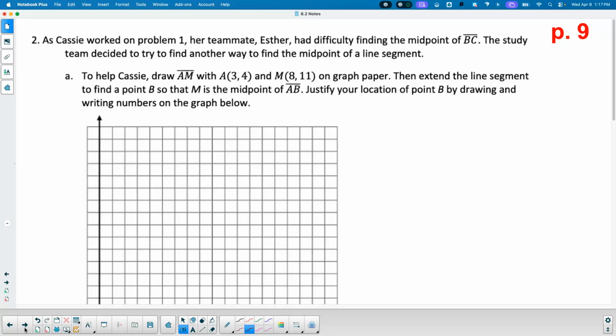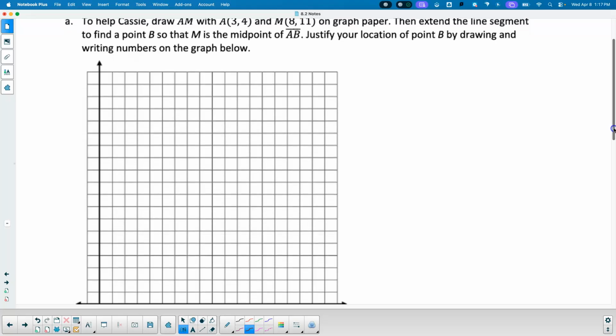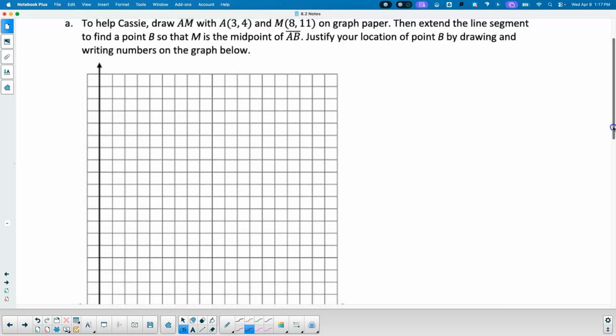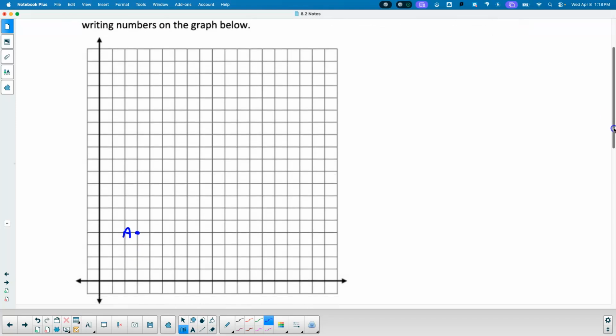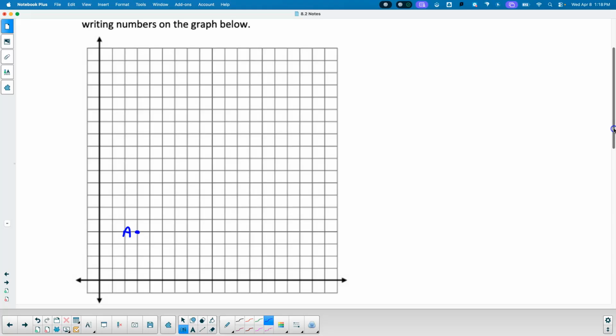Esther was having difficulties finding the midpoint of BC. So to help, Cassie draws a segment AM, where A is at 3, 4. 3, 1, 2, 3, and 4. I believe that A is right there. Let me just go make sure and check. 3, 1, 2. Yep.